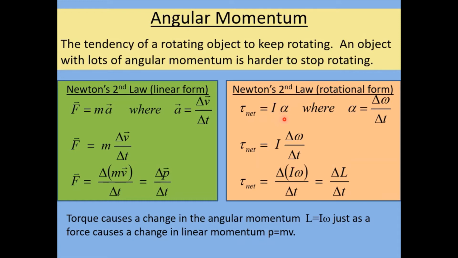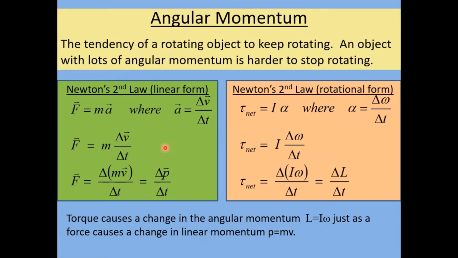So remember, alpha, angular acceleration, is the change in omega, or rotational velocity, divided by the time. So we get the same equation, we just replace v with omega, and we replace a with alpha, and of course we replace F with torque, and we replace m with I.